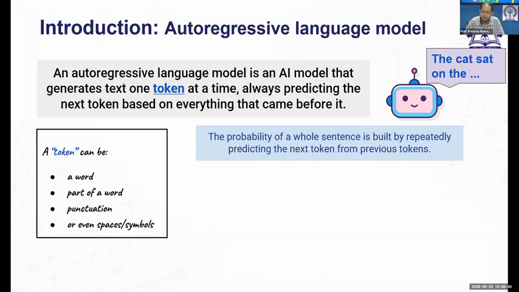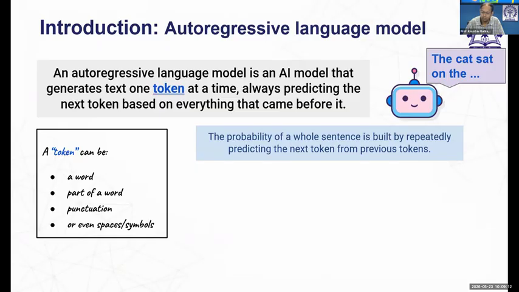For example, if I say, the cat sat on the, fill in the blank. Somehow I have to predict the next token. So what are the possible next tokens that could be here? If you ask the LLM to fill in the next token, the next token depends on the previous context, and the previous context is, the cat sat on the.